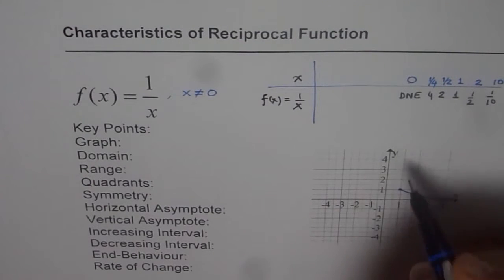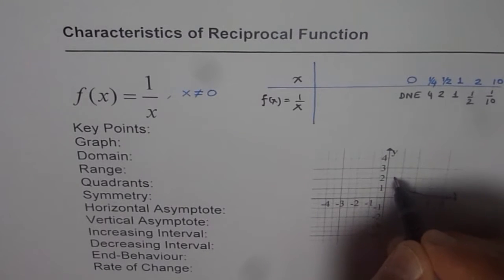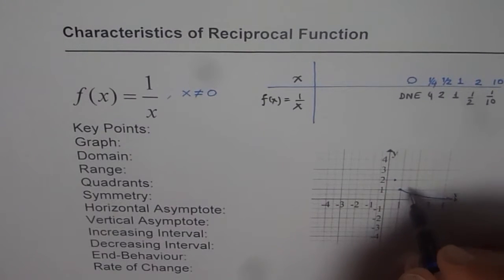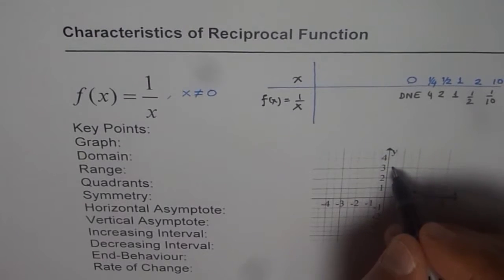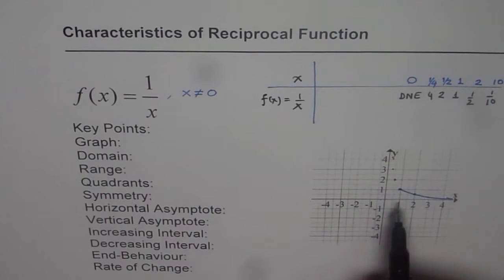So for the values which are less than 1, for example half, the y value or f of x will be 2. If I take 1 over 3, then it'll be 3, right? 1 over 4 will be 4. So it increases as the x value decreases from 1 to 0. Okay?